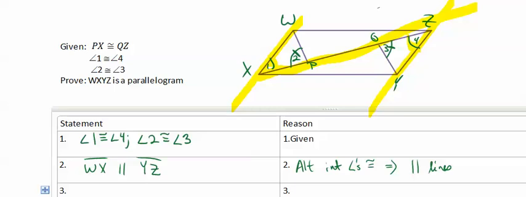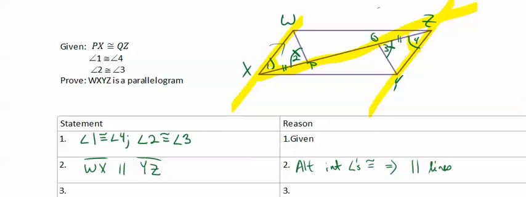And one pretty important thing that I forgot to note in the given is that PX will be congruent to QZ. Now, we have one pair of parallel sides in the diagram. There's a couple of ways that we can go about this.